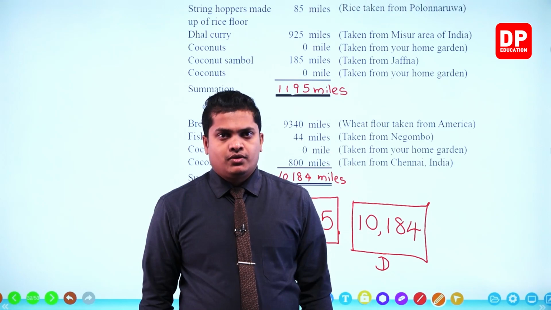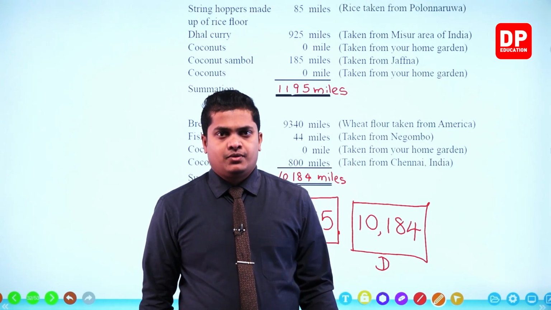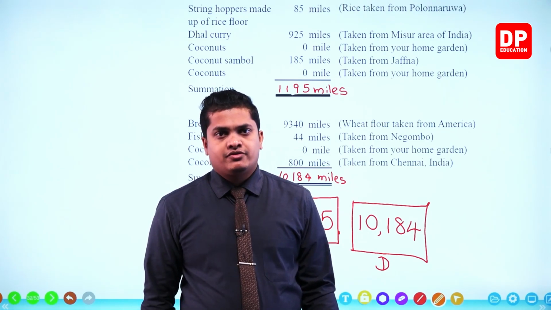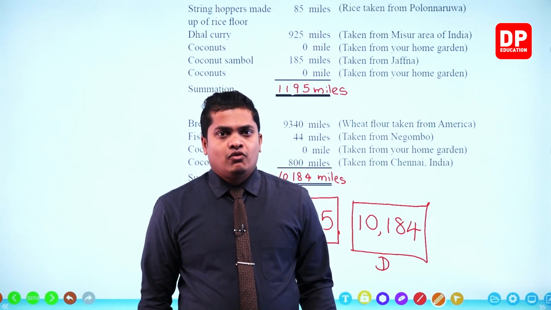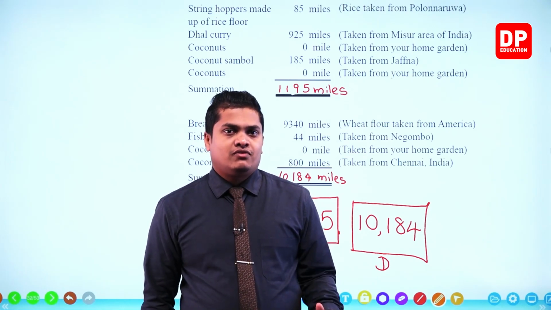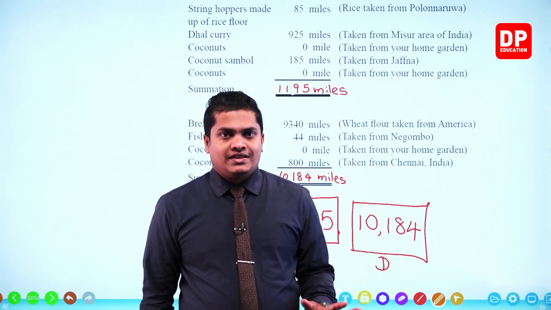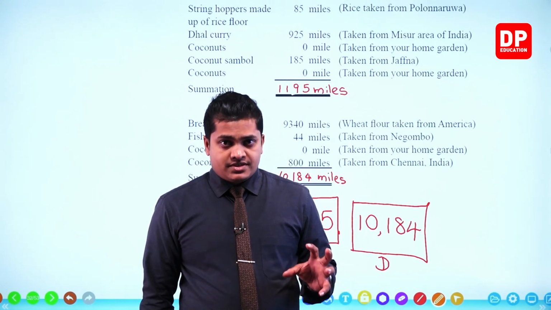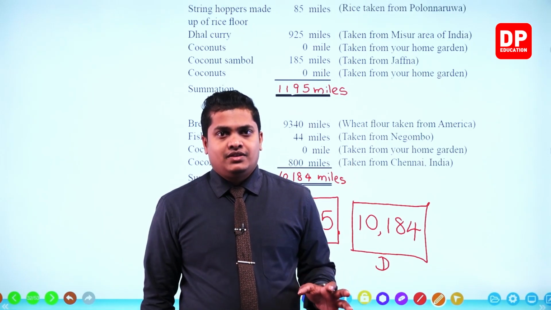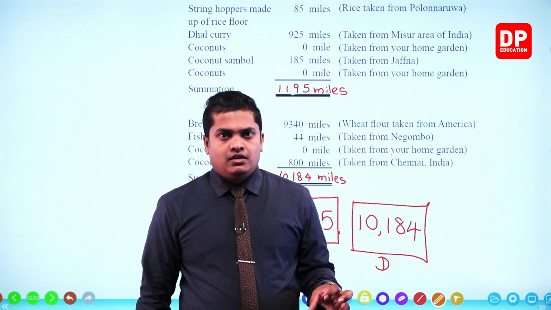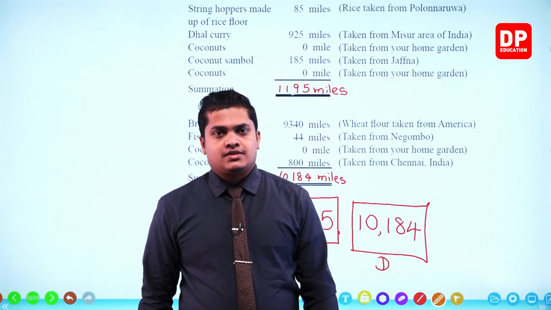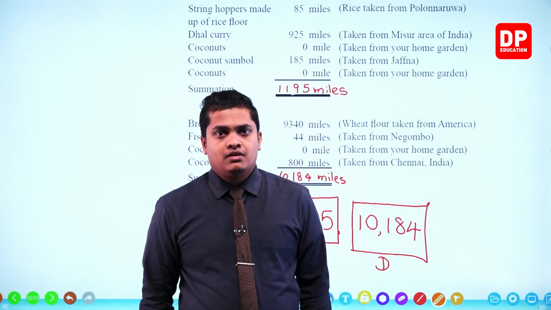Like the carbon footprint: you can minimize it, so the emission of carbon dioxide is reduced. Water footprint: we can minimize the water footprint by minimizing the food mile, my dear children. That way, we can save water within the environment. So the lesser the food mile, what will happen? Higher the sustainable development and environmental management.